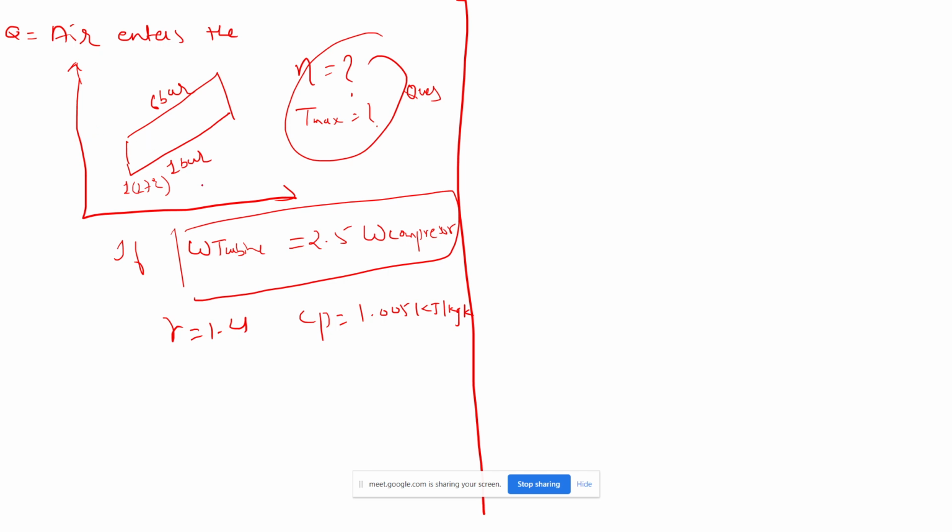Here it is mentioned that it is 27 degrees Celsius. Okay, we're not able to see.